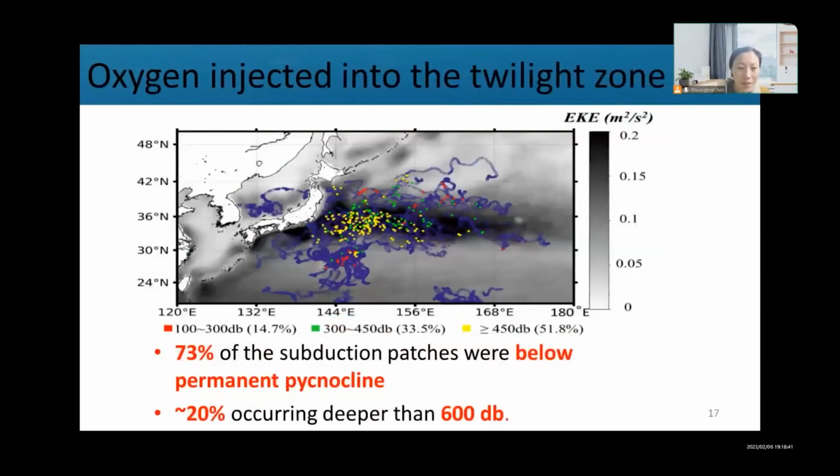So based on the depths and geolocations of the subduction patches we identified, we found that over 70% of the subduction patches were below the permanent pycnocline, and some of the subduction injections could go even deeper than 600 decibars. And these deep oxygen injections should mean a lot to the organisms living in the deep sea.